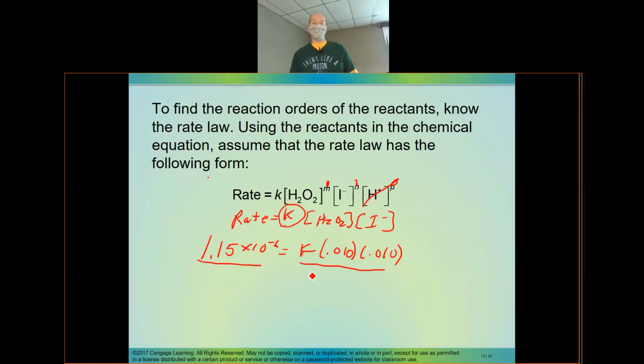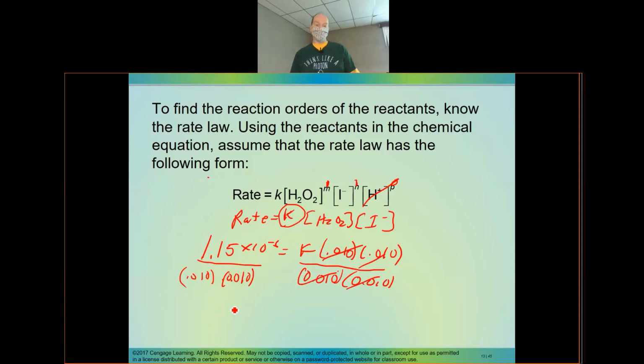Don't make a simple math error and get this wrong, so you can show all of your work. To get rid of the numbers on the right, you divide both sides by the 0.01 and the 0.01. You can show that they cancel out, and then you're left with K.